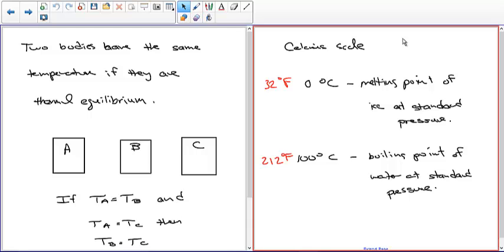It turns out that 0 degrees Fahrenheit was about the coldest that they could make something reproducibly. I think the way it was, you take ice and put salt in it, so it would be a salt water mixture, and you could get down to about 0 degrees Fahrenheit before it froze. So they just chose a different place to set 0 degrees.